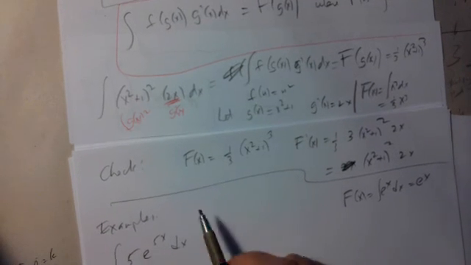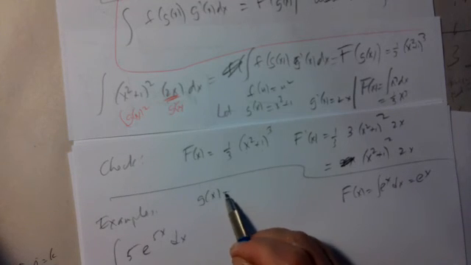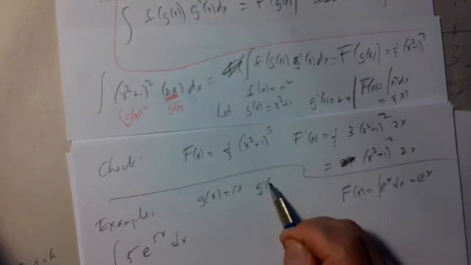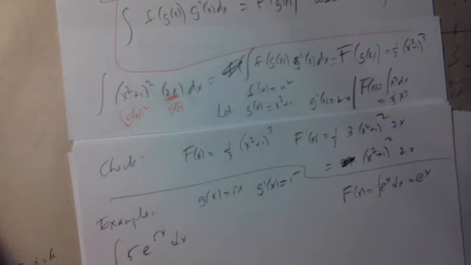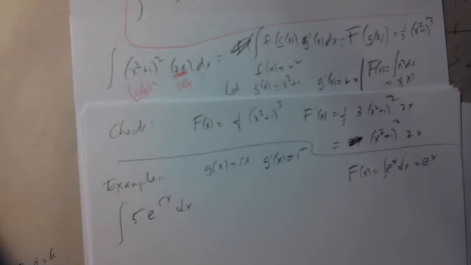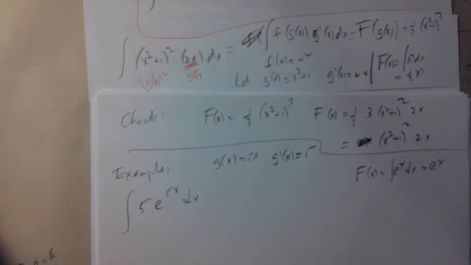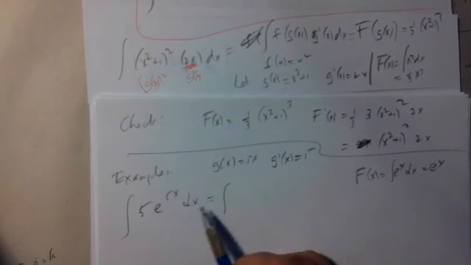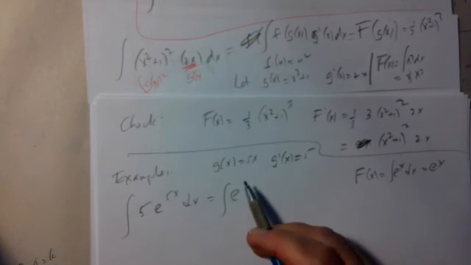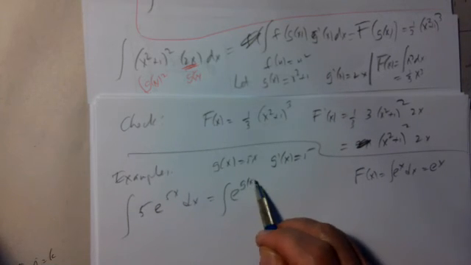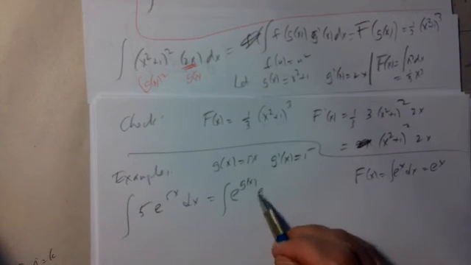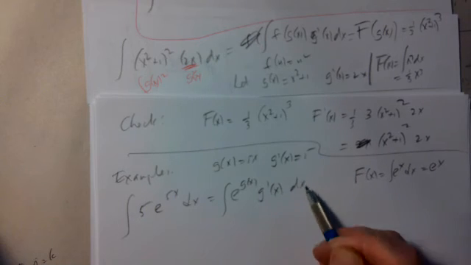But you can think of this as follows. If g of x is 5x, g prime of x is 5. So this is the integral of e to the 5x, which is e to the g of x, and 5 is g prime of x.